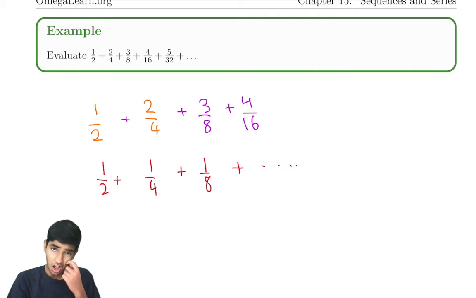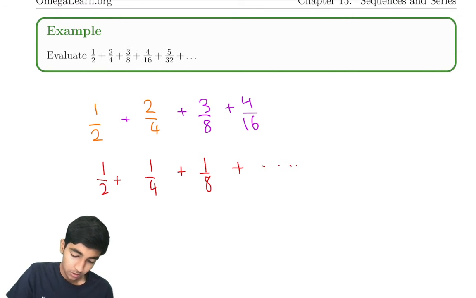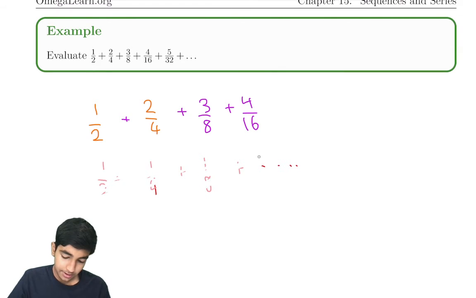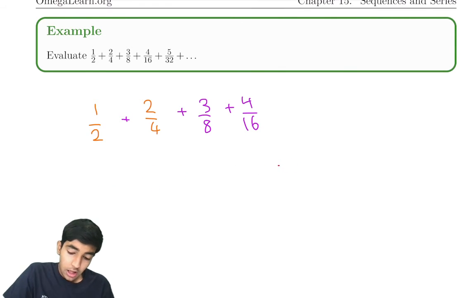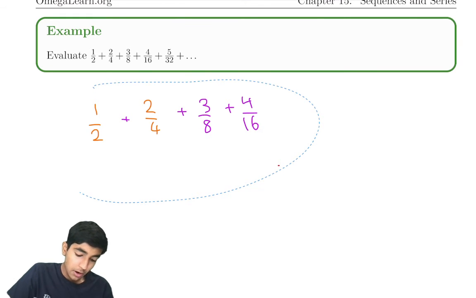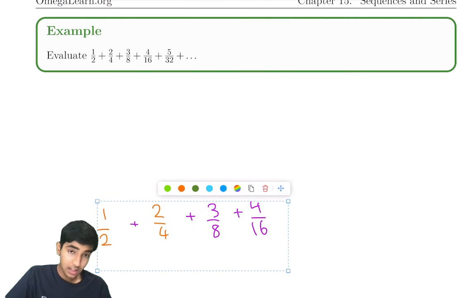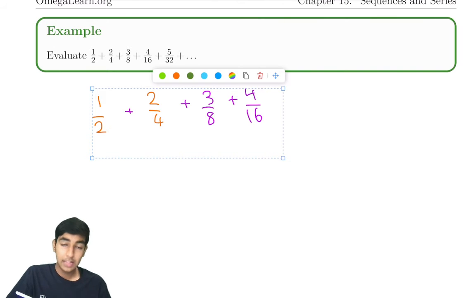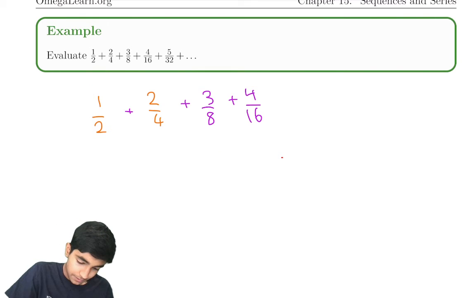But it's not. But maybe we can make it something like that. So here's the cool part of the trick. Notice how 1/2 plus 2/4 plus 3/8 is kind of like a sum of multiples. So the idea here is we're going to be expressing this as a sum of multiple different sequences.